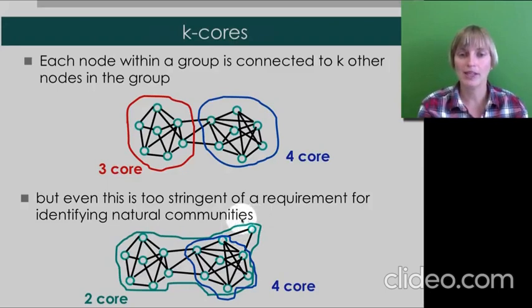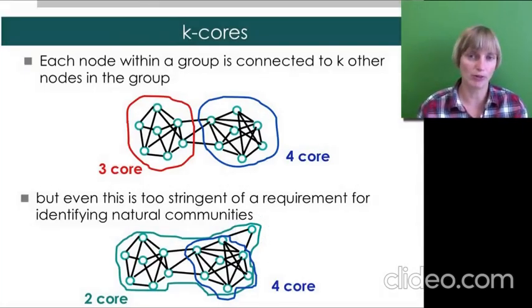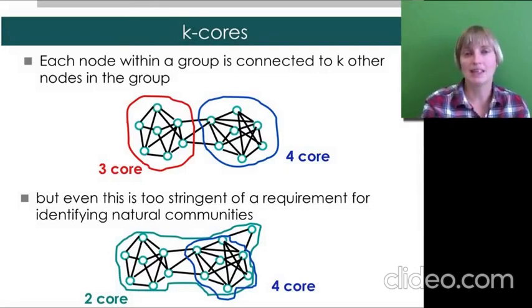And so the next core that it can join is a 2-core that then envelops both of these communities. And so we would incorrectly, really leave this one out if we were looking for kind of meaningful communities. Of course, if you want to stick to the definition 4-core or bust, then yes, that node should be left out. But is that really what you want to get out of your community finding exercise?